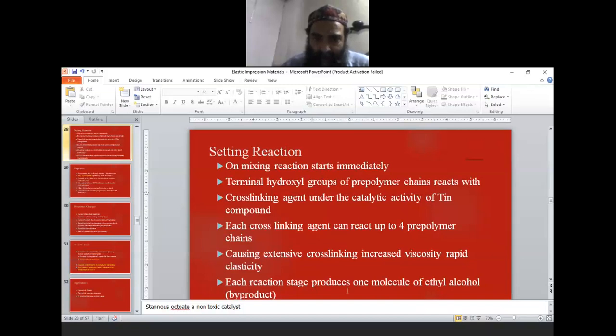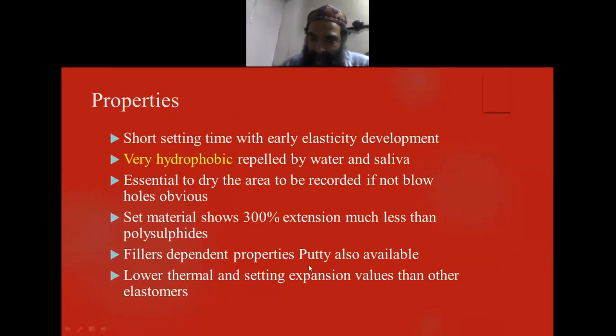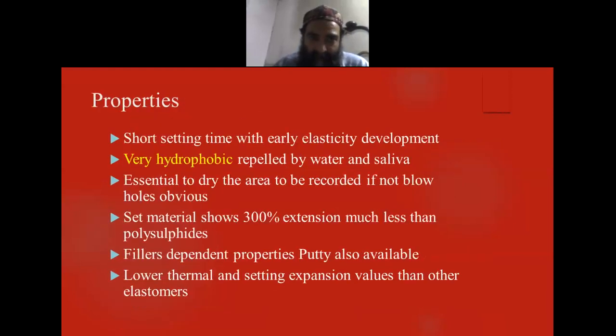This was part of a slide which was not shown to you, so I have corrected this. Then properties: short setting time with early elasticity development.